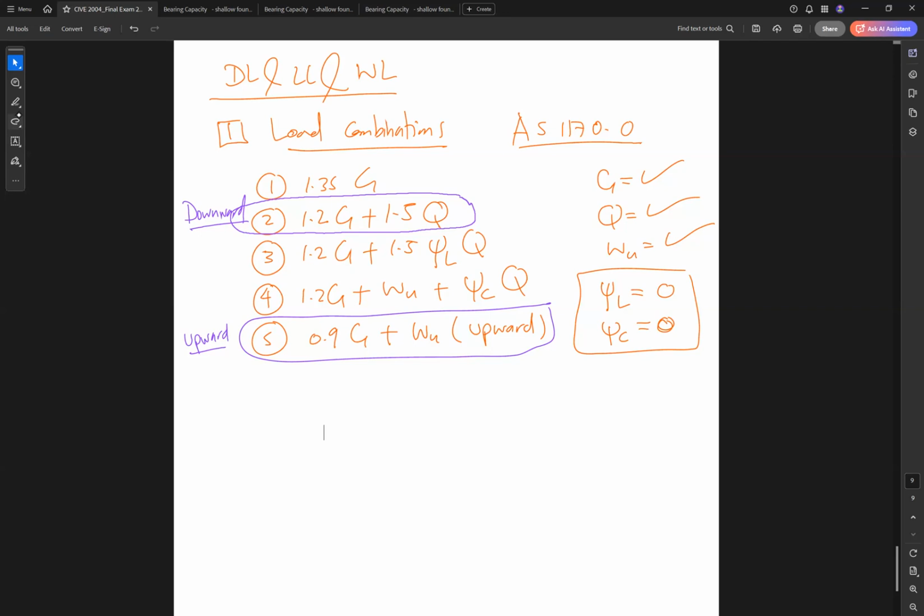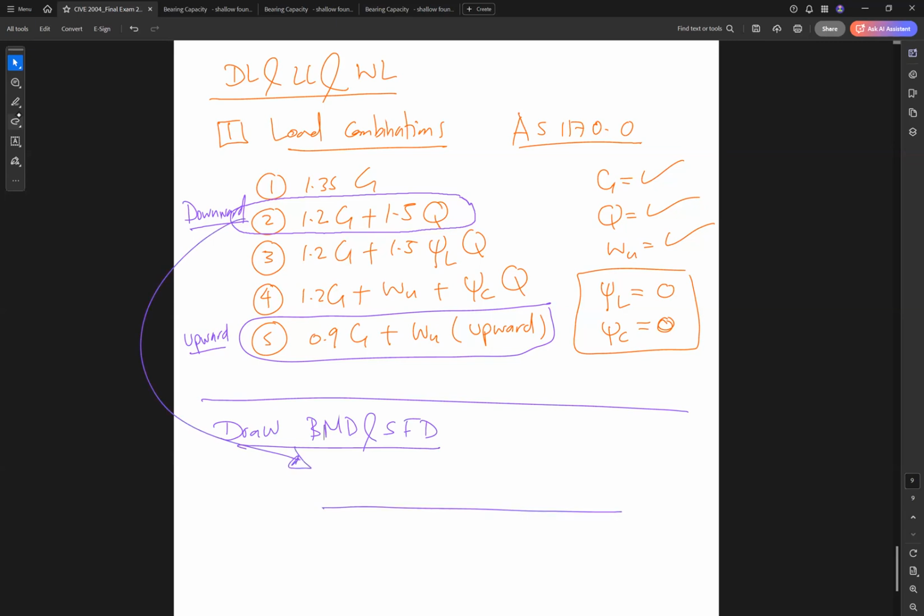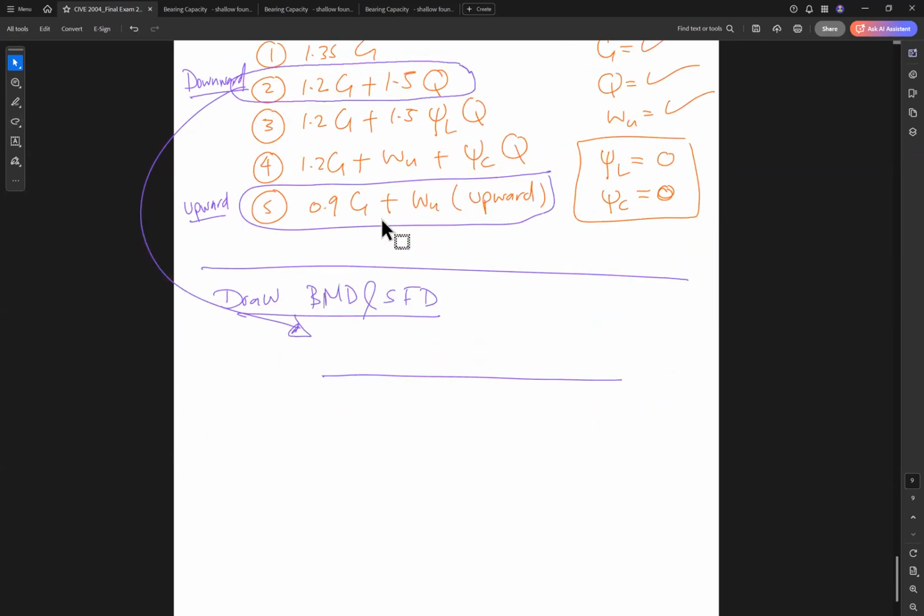So for example, the next question is how to draw the bending moment diagram and shear force diagram for a beam for this load combination. Now you already know the load combinations and you got the maximum load combination. So Ed equals 1.2 G plus 1.5 Q. Let's assume G is 2 and Q is 1.